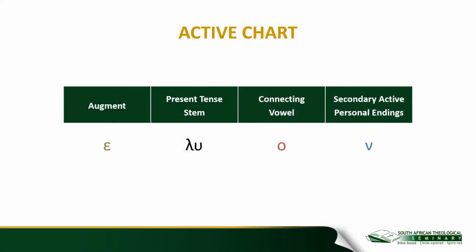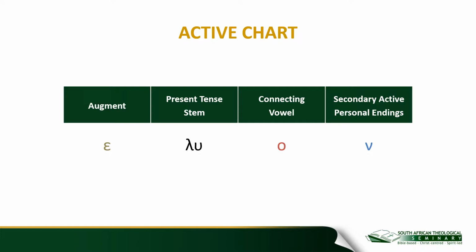This chart shows the building blocks for the imperfect active indicative. The imperfect is built upon the present stem. The augment, usually epsilon, is added as a prefix. Then the connecting vowel is added, and finally the secondary active personal endings are added.